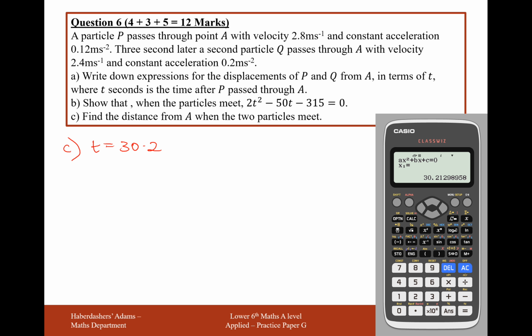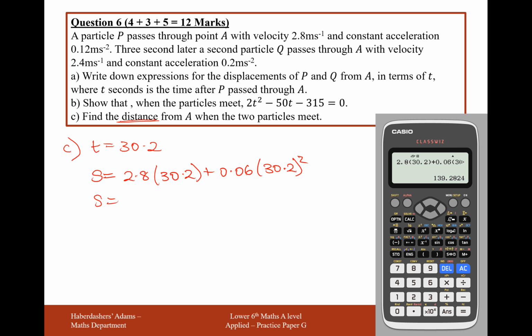You're going to get s equals 2.8 times 30.2, add 0.06 lots of 30.2 squared. You're looking for distance here, so plug that into your formula and you get 139.2, so we'll say 139 meters to three significant figures.